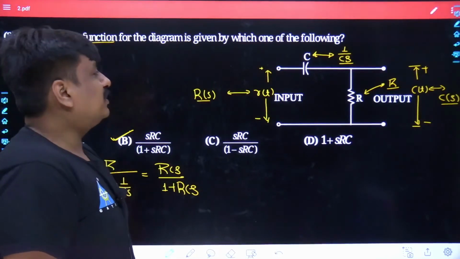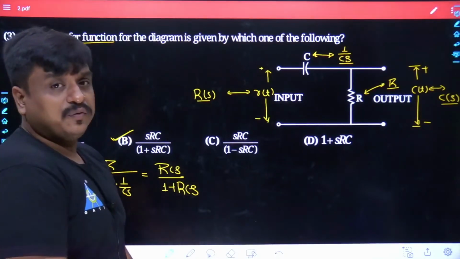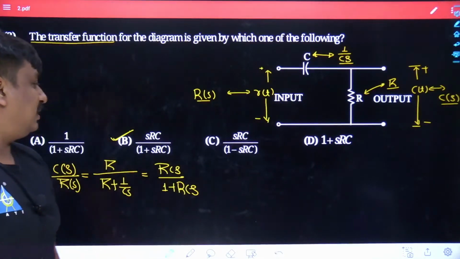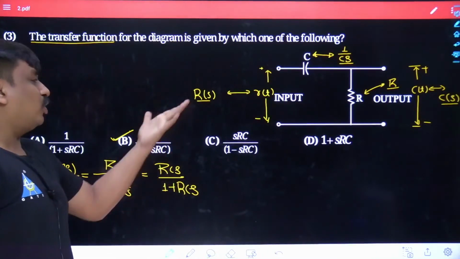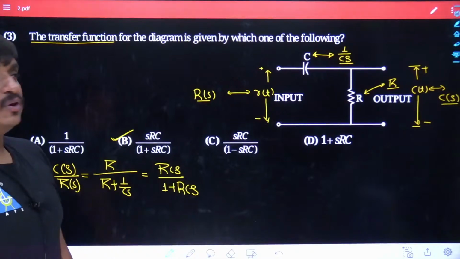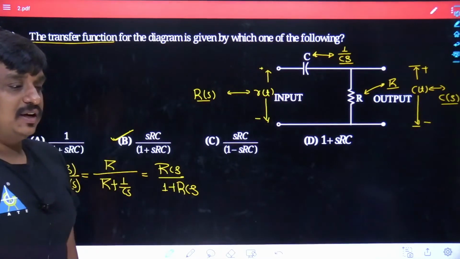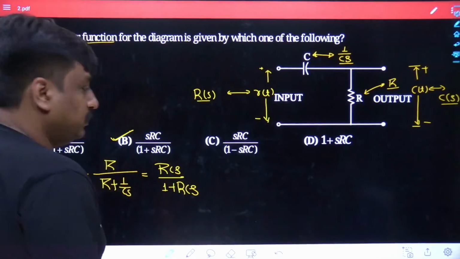But if somebody says the capacitance had an initial voltage of maybe 2 volt or 3 volt, in that case this transfer function is not the appropriate approach to solve this problem, because the initial condition, although it was 2 volt, has been dropped. Agreed?